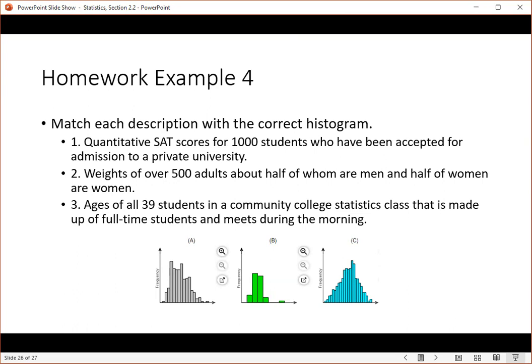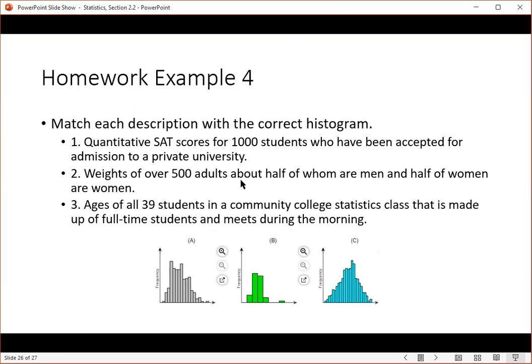You can also skip this one if you're not sure. But knowing that aptitude typically is symmetric and somewhat bell-shaped, that tells us that it would be the third one. But if you didn't know that, you could skip that one and come back to it, because I think the other two are more obvious.